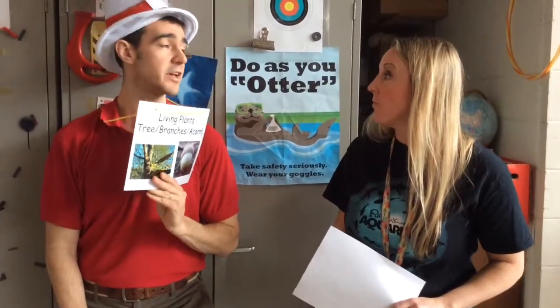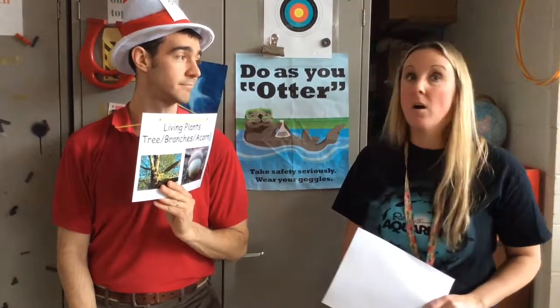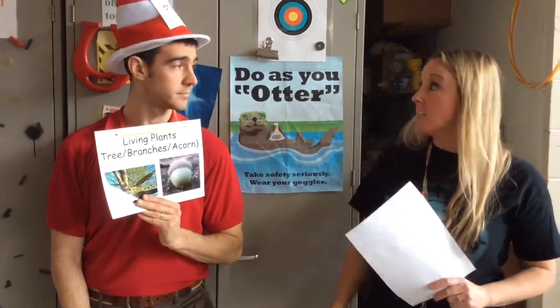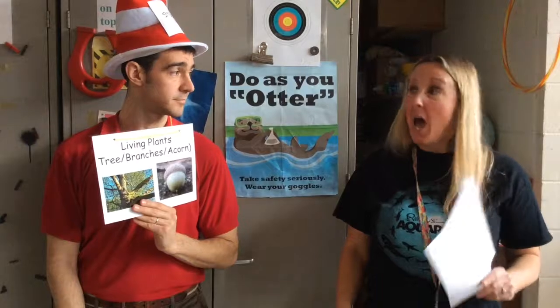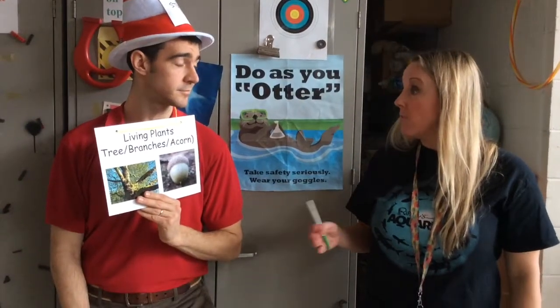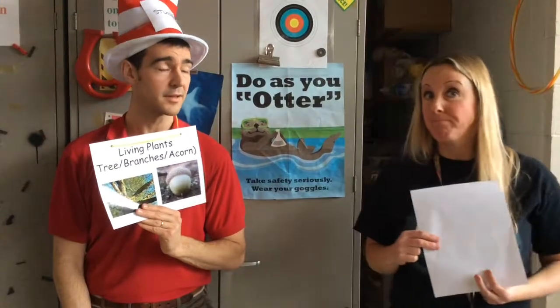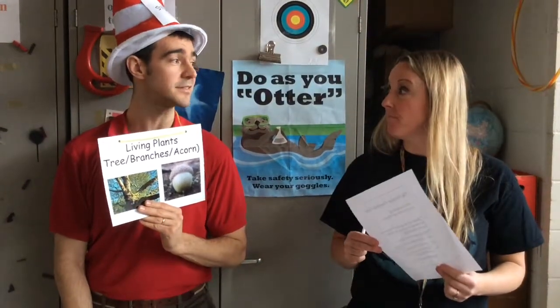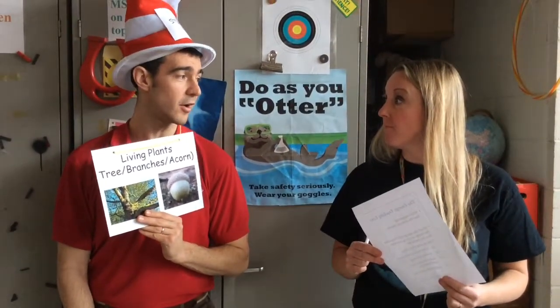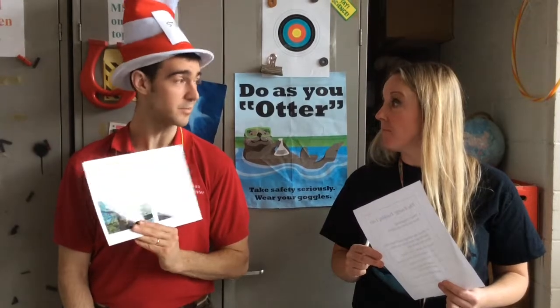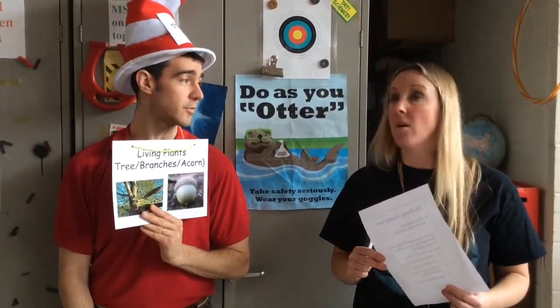Miss P, the living plant gets its energy from the sun. Oh, well, if it gets its energy from the sun, how does that energy flow from the sun to you? I remember in our book that it talked about the sun's light shining on the plant and the plant collecting the sun's light for its energy.